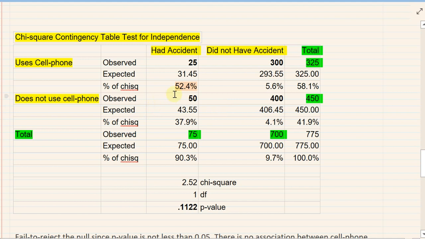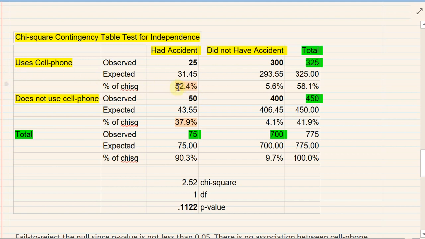And there you go. That's the greatest contributor to the chi-square statistic. The next greatest is this one right in here, 37.9%. There you go.